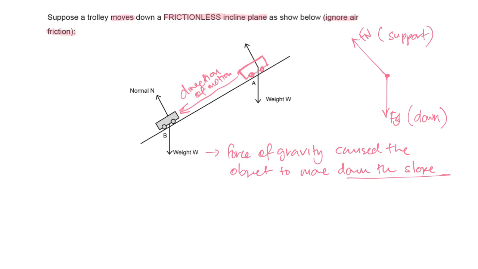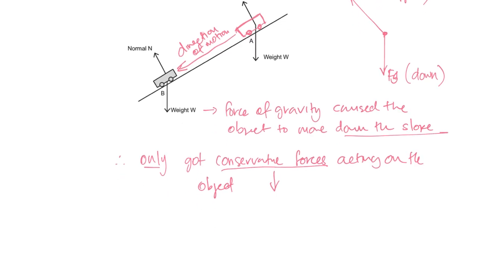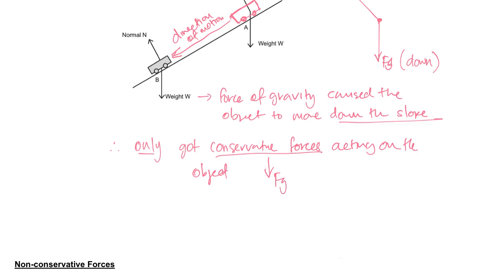And if I have an object that does this, I've only got conservative forces acting on the object. What we mean by conservative forces is, and I'm reiterating this over and over again so that we can remember, that when we're talking about conservative forces, we're talking about Fg and Fn.